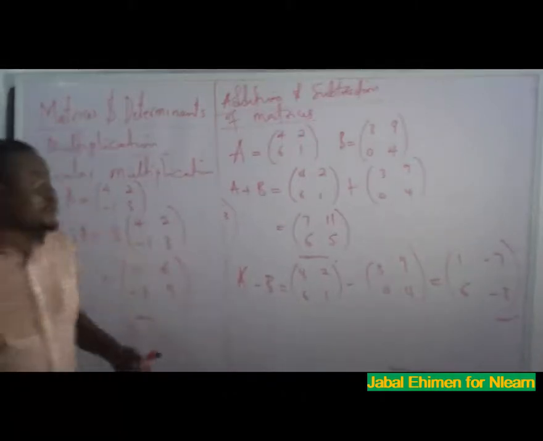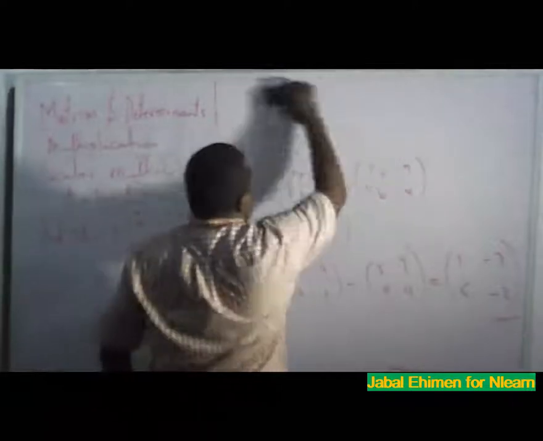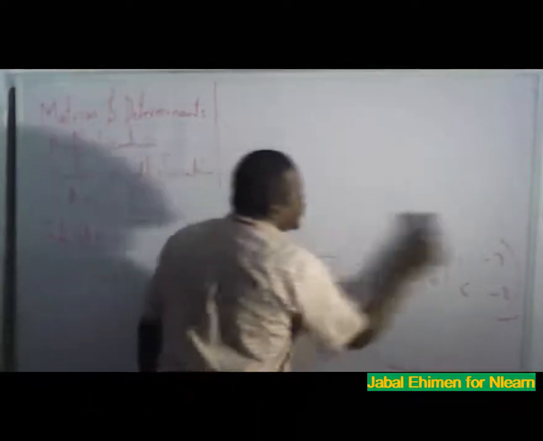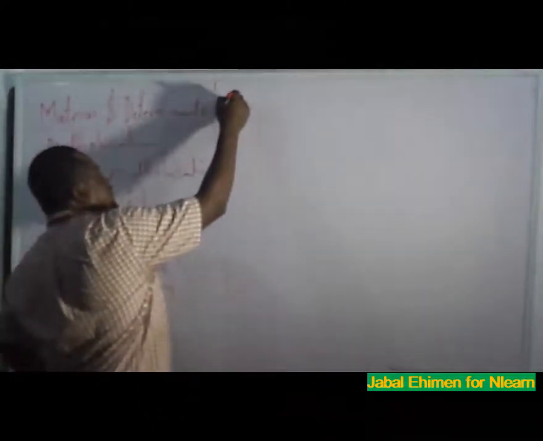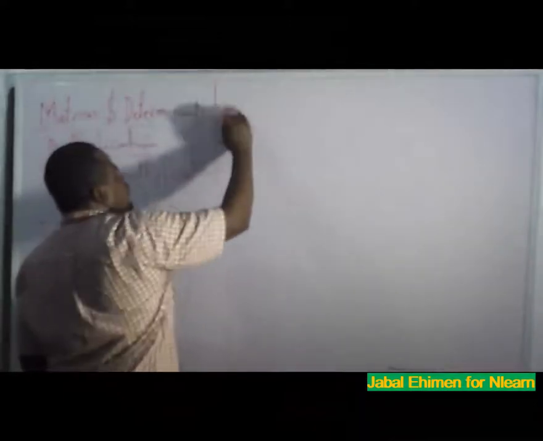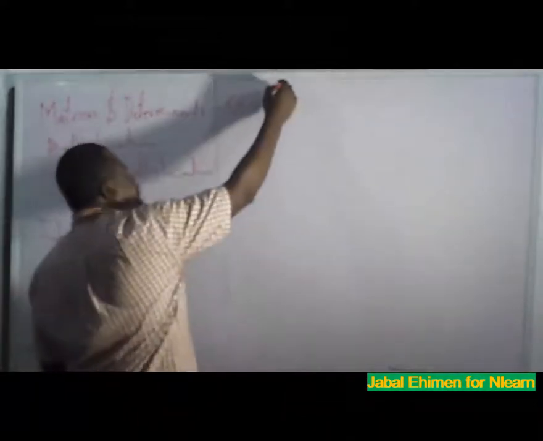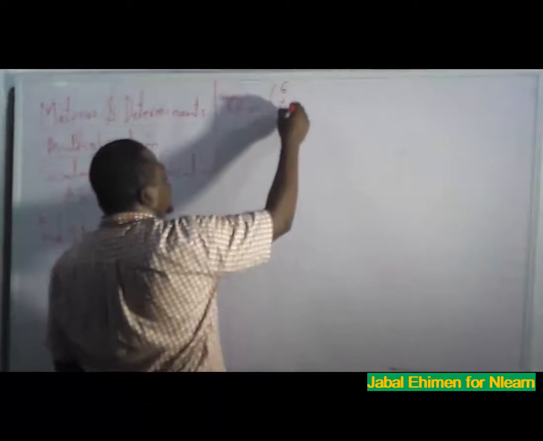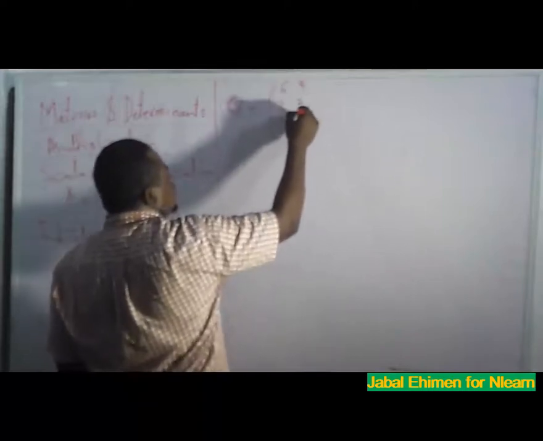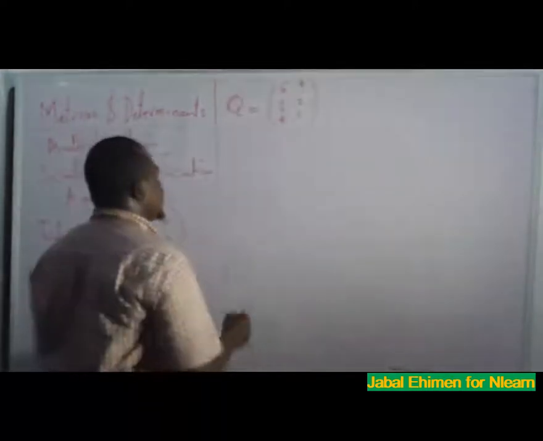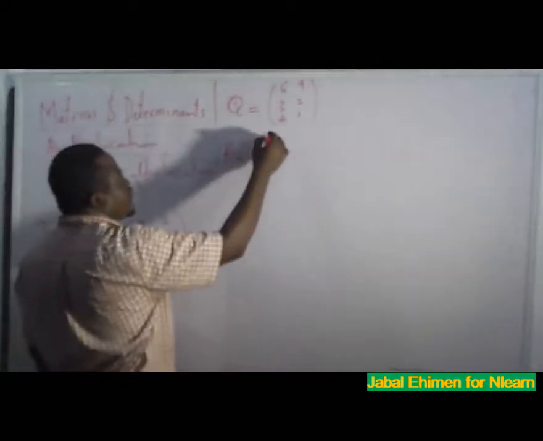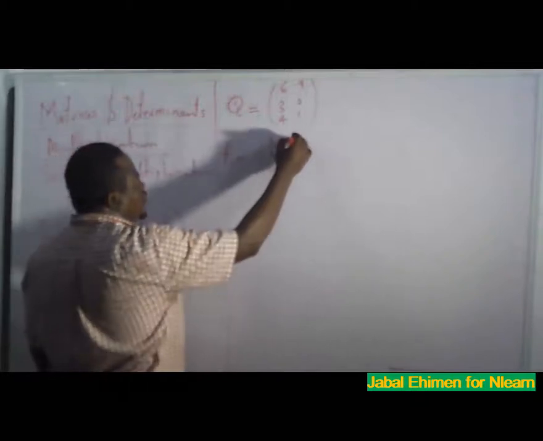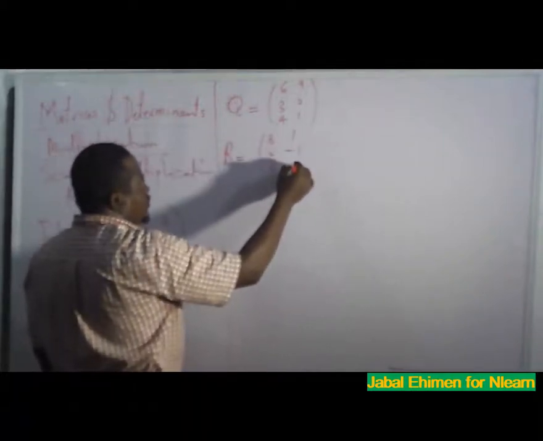So you can have scalar multiplication questions in different forms, depending on how the question comes. Simple enough. Maybe you are given Q to be 6, 3, 4, 9, 2, 1, and you are given R to be 8, 2, 0, 1, minus 1, 4.